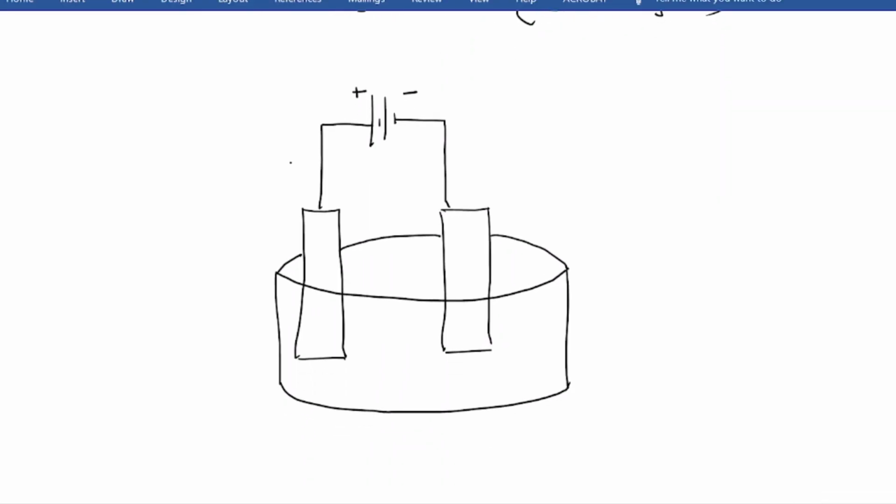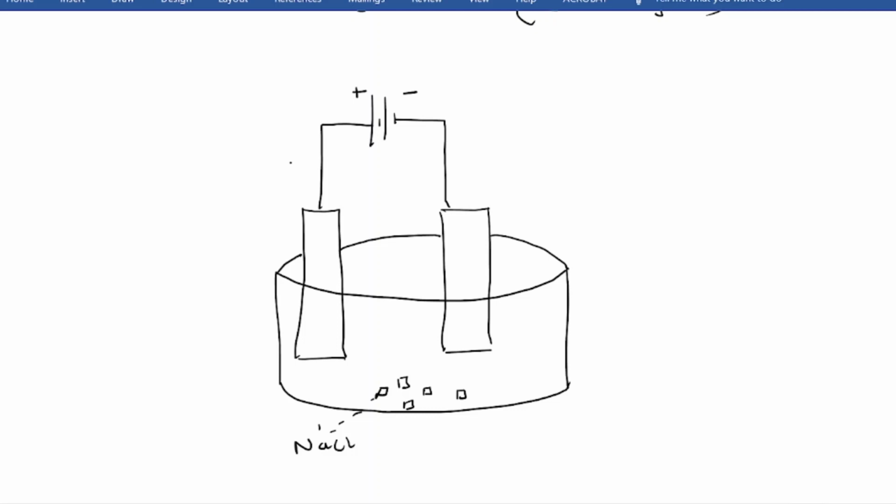It means that in this container you can put the crystals or small pieces of salt, and that salt is what we call sodium chloride.